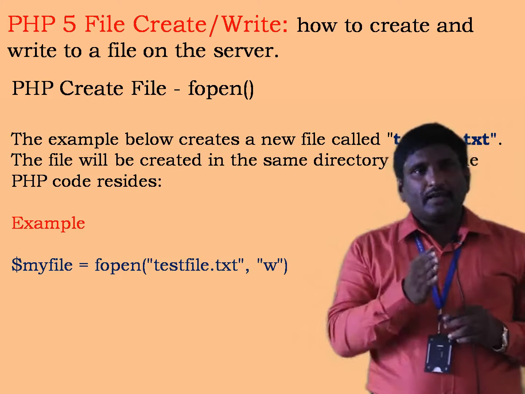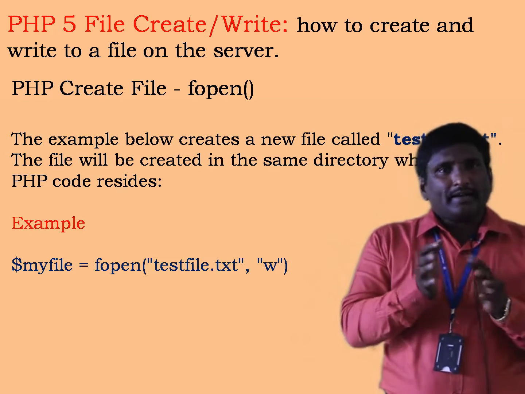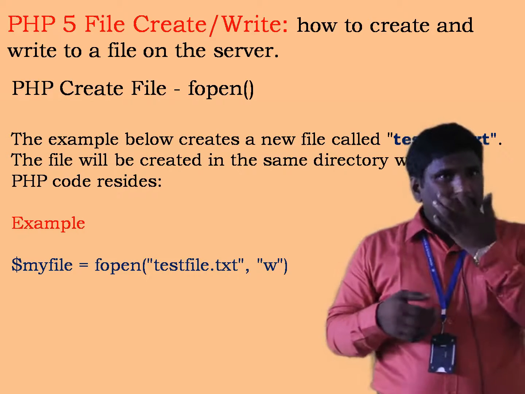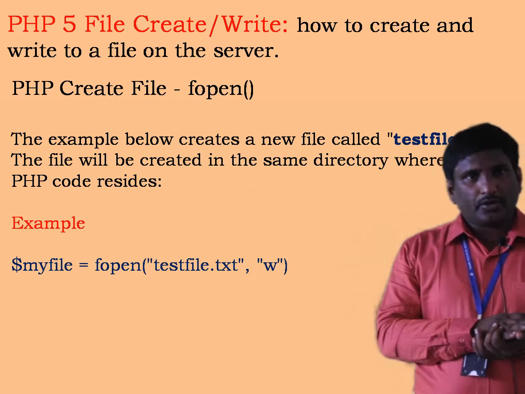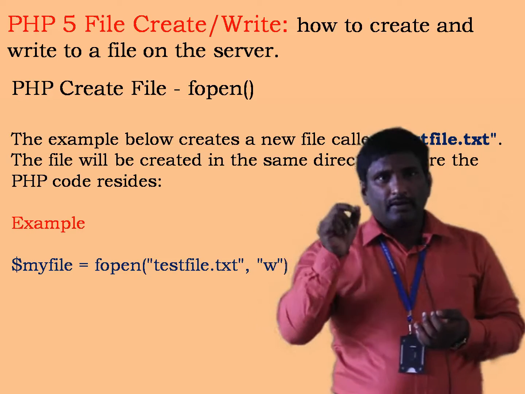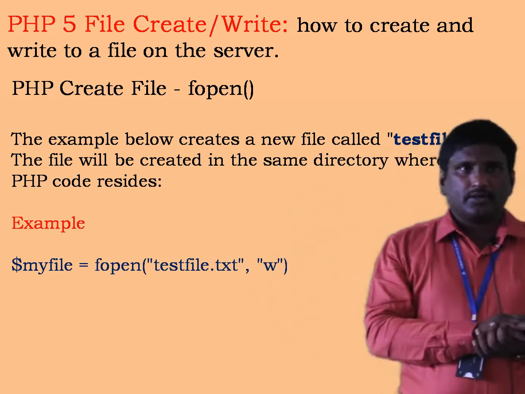Here W stands for write. It means that the contents will be erased in the testfile.txt, and newly added content will be written onto the file. Whatever operations you perform on the file, first you should open the file by using the syntax. Okay, next.